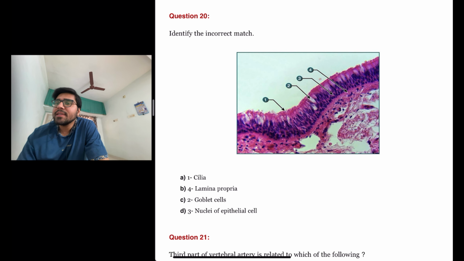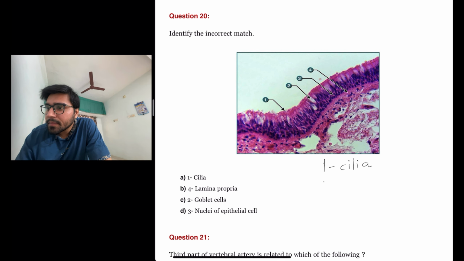The next question is, identify the incorrect match. So let us first of all label these four markings. The first one is cilia. The second one is goblet cells. The third one is nuclei of epithelial cell.